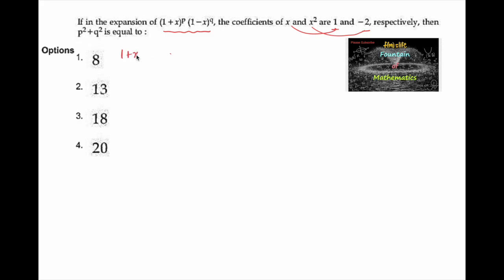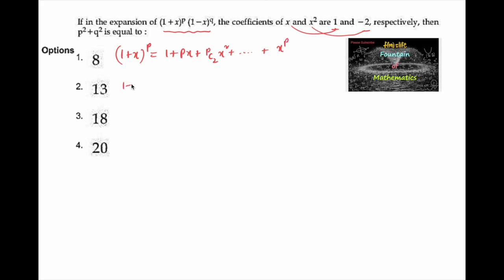So we can write (1 + x)^p is equal to 1 plus p into x plus pC2 x square and so on, and the last term pCp, that is 1, x to the power of p.